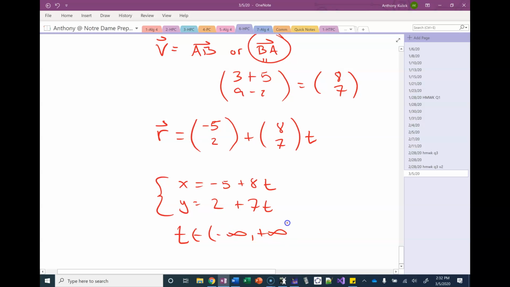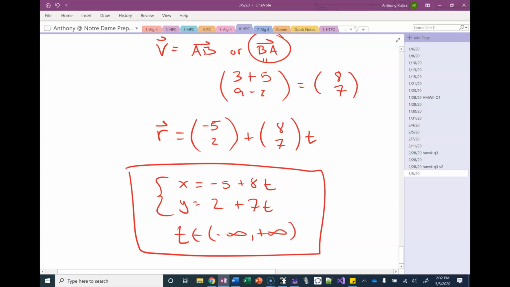Yeah, negative infinity to positive infinity. So the advantage of doing it this way is that after we write the equation for the line, there's no rearranging to do. We have exactly what we need to write our parametric equations. That's the advantage of treating this as a vector problem rather than a Cartesian problem.